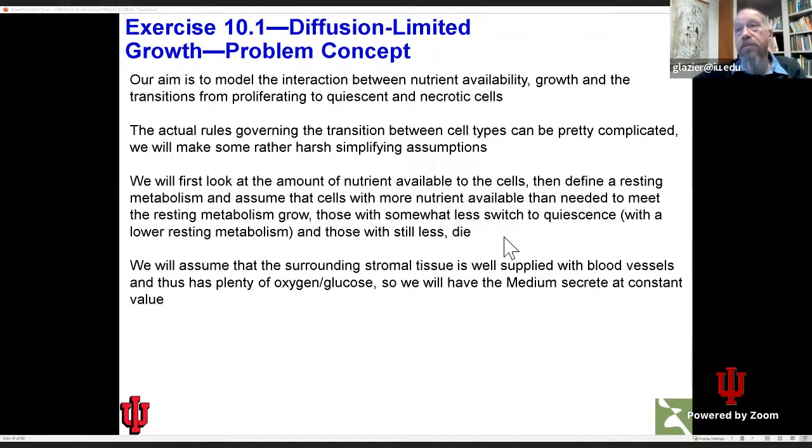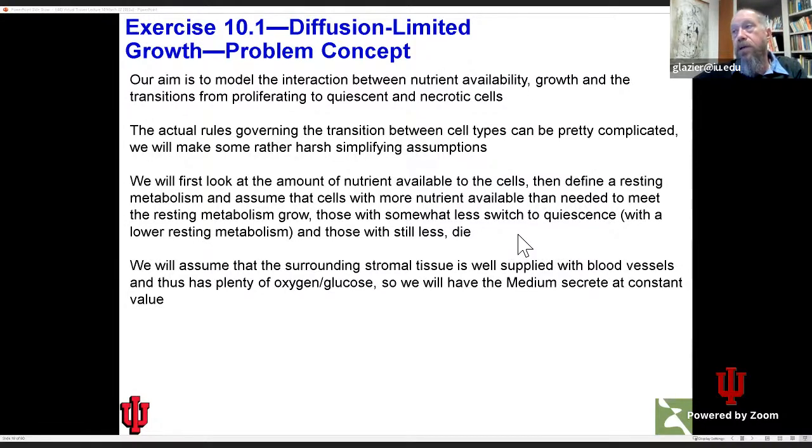And we'll do this in steps. The first thing we'll do is the uptake, and we'll look at how much nutrient each cell gets. And then we'll say, okay, we're now going to define a threshold, which is going to give us a band of cells at the surface that are going to grow and divide.